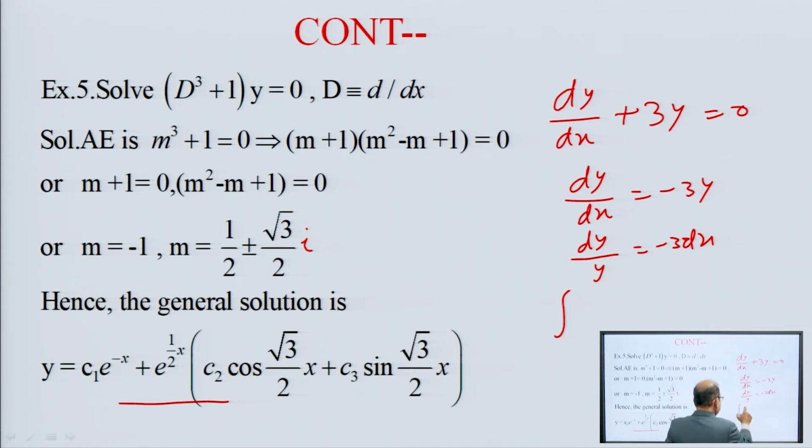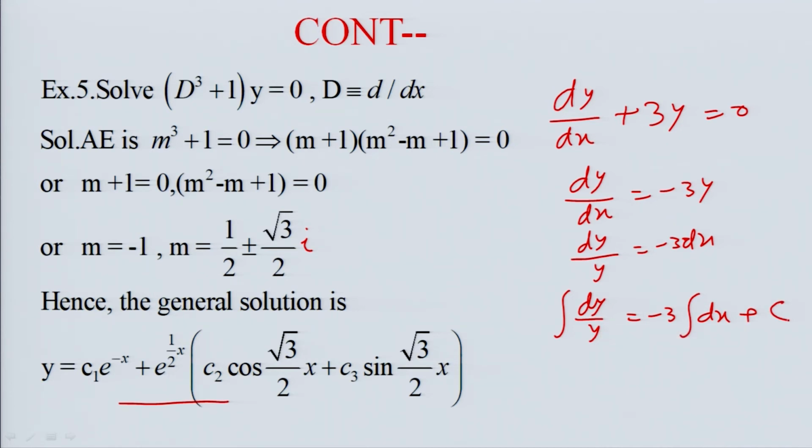Integrating, we get the integral of dy by y is equal to minus 3 dx plus constant of integration, where c is the constant of integration, means integrating we get log y is equal to minus 3x plus c, where c is the constant of integration.